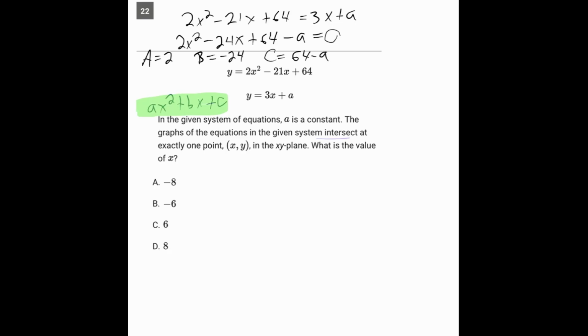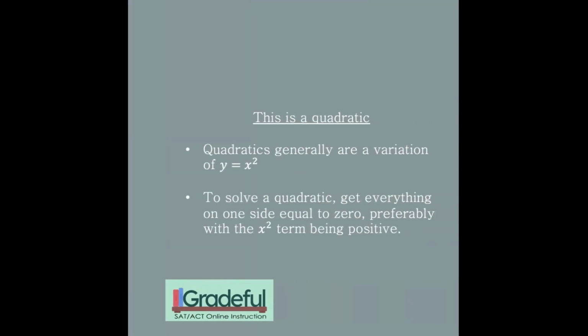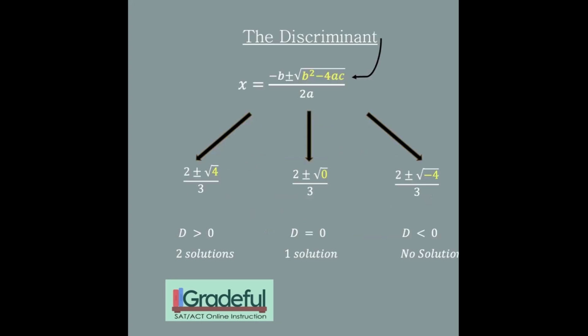Now, the reason we're organizing this so well is because this is a classic situation for us to use the discriminant. Now, if you don't have the quadratic formula already memorized, you definitely must. But this is the application of that, which talks about how the number under the radical determines how many answers you'll have.